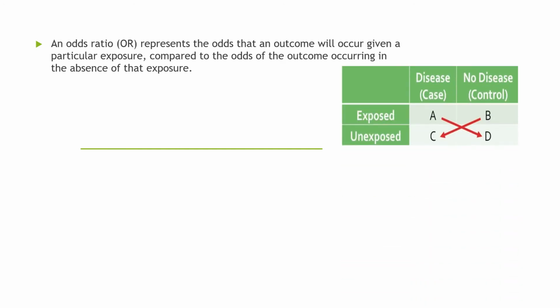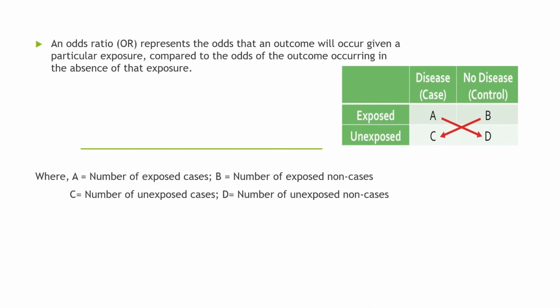So if we look at this tabulation, here A is the number of exposed cases, B is the number of exposed non-cases, C is the number of unexposed cases, and D is the number of unexposed non-cases. So what is odds ratio?